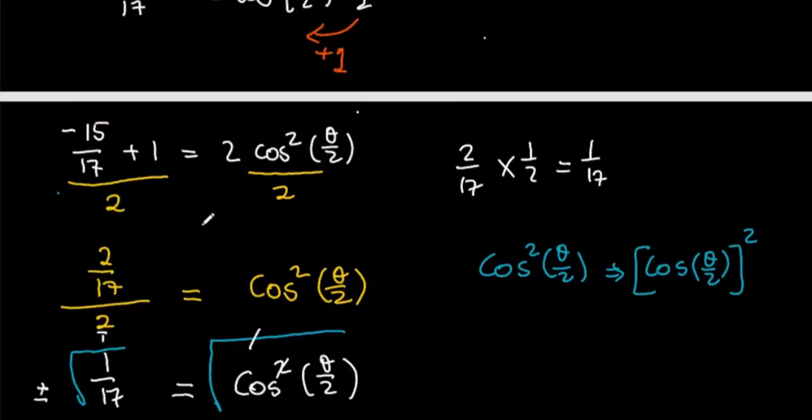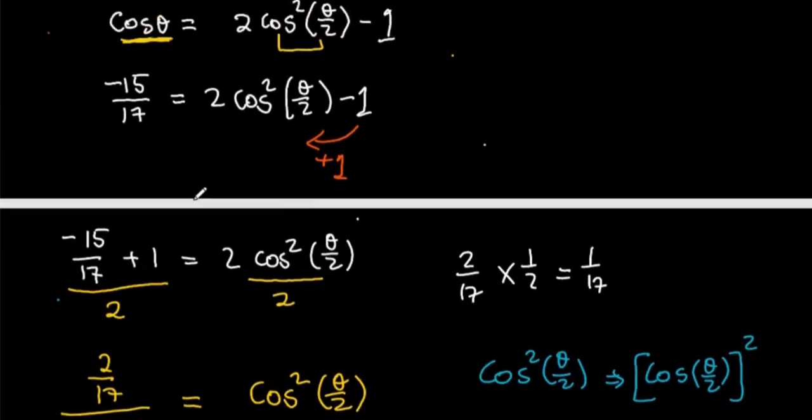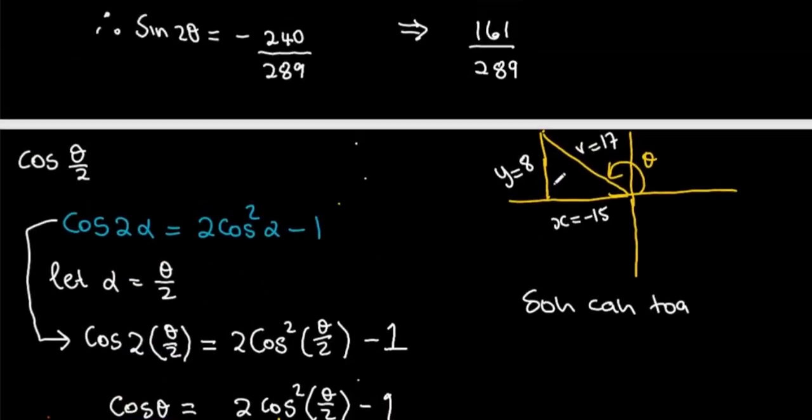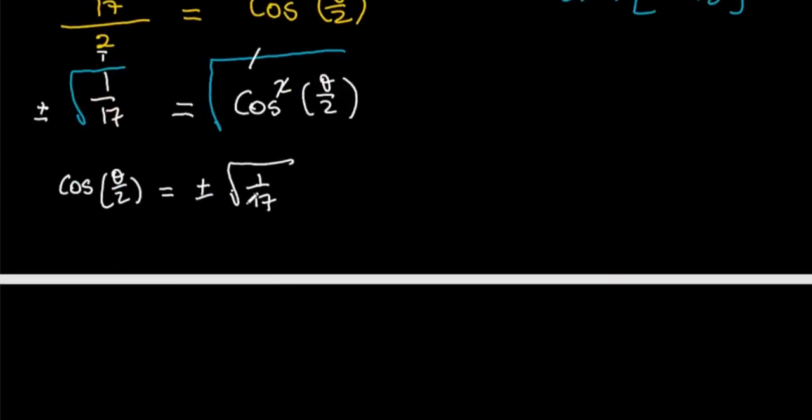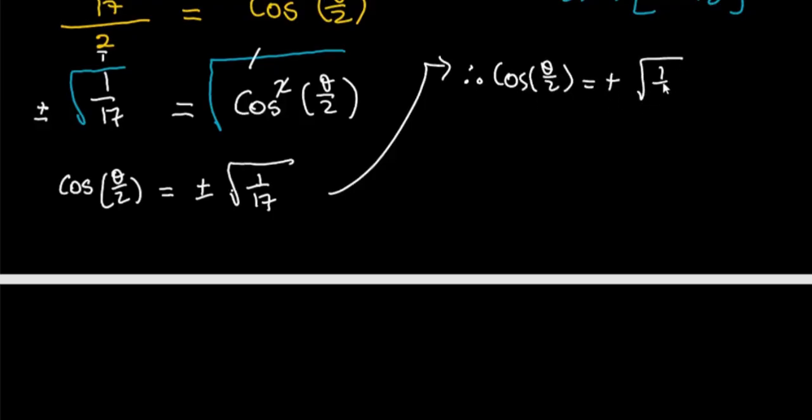I know this is where someone is going to make a mistake and say that because this is in quadrant 2, cos is negative, therefore the answer should be negative root 1 over 17. That's wrong. To conclude, the cos of theta over 2 is equal to positive the root of 1 over 17.